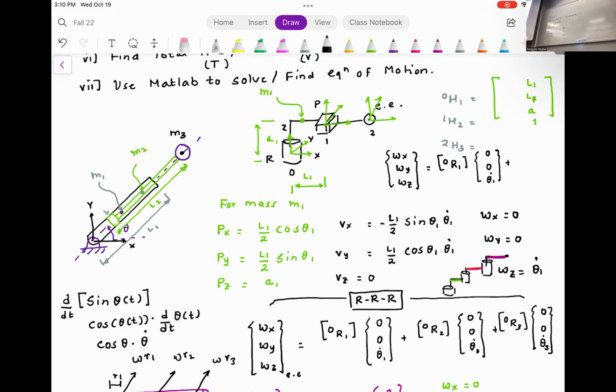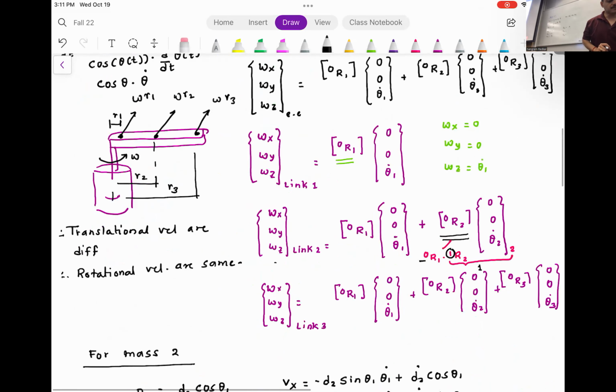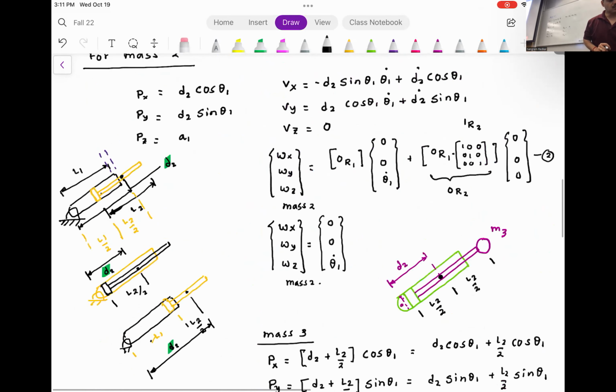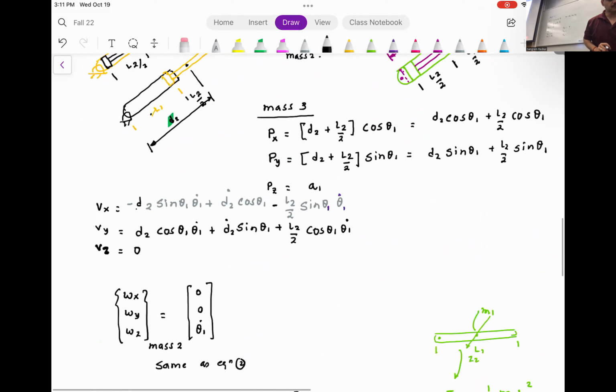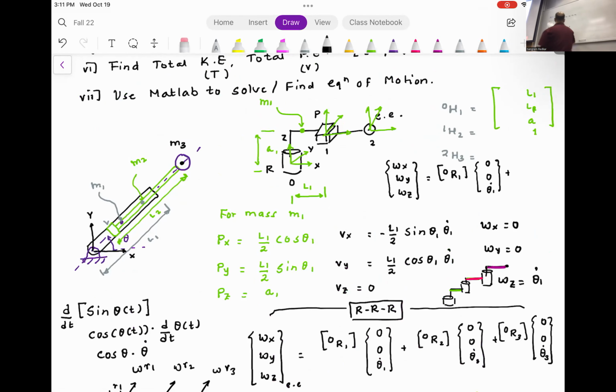Ix1 is going to be 0, Iy1 is going to be 0, and Iz1 is going to be m1 L1 square by 12.